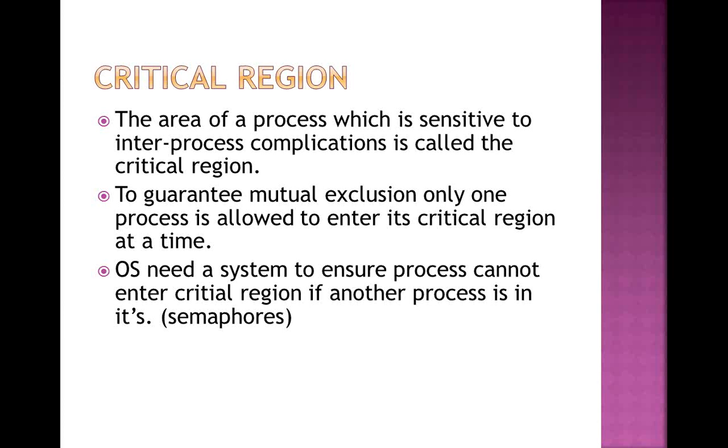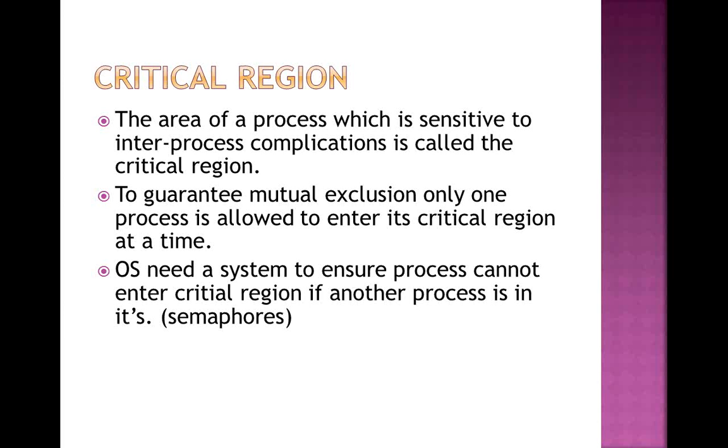So what do we mean by the critical section or critical region? Any area of a process which is sensitive to inter-process communication, that is, any area within the region of inter-process communication, is known as the critical region.